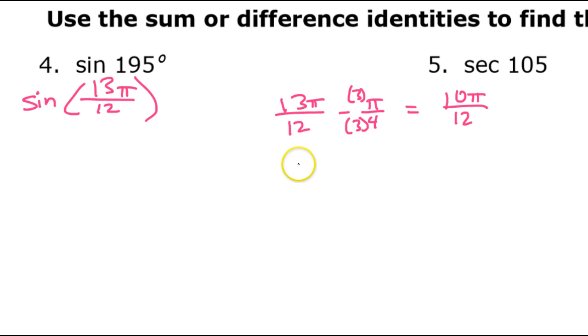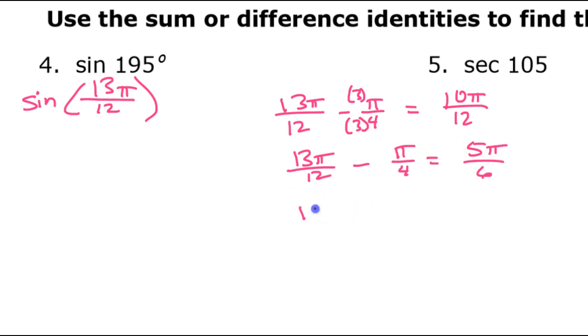But this equation is the same as having the equation 13 pi over 12 minus pi over 4 is equal to, and this reduces down to 5 pi over 6. Pi over 6, that's a special angle. Now I'm going to add pi over 4 to both sides.